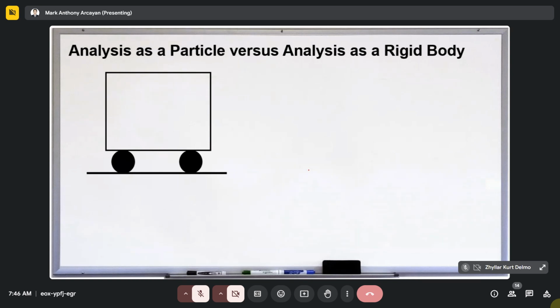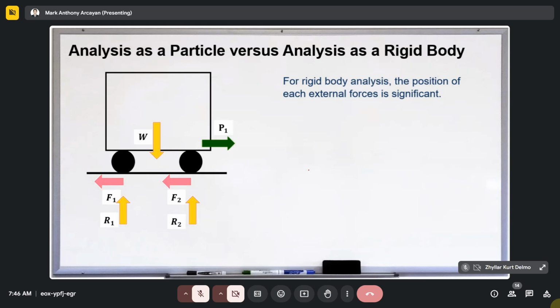Okay, here, let's assume that we have a cart. We have a cart here with known weight, W, and we have frictional forces F1 and F2 that exist on the wheels, and we also have the reaction forces on the wheels.